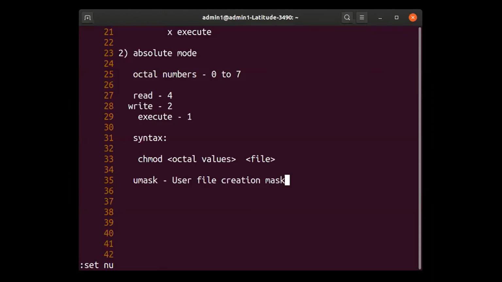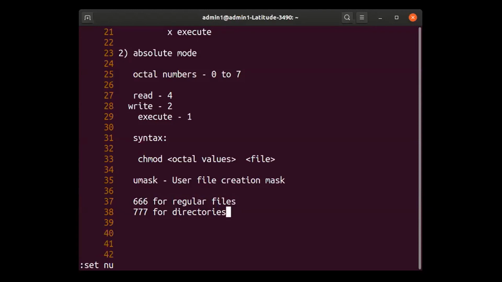These default permissions are inherited by files and directories created by all users. Okay, continue. 666 is for regular files, and 777 is for directories.